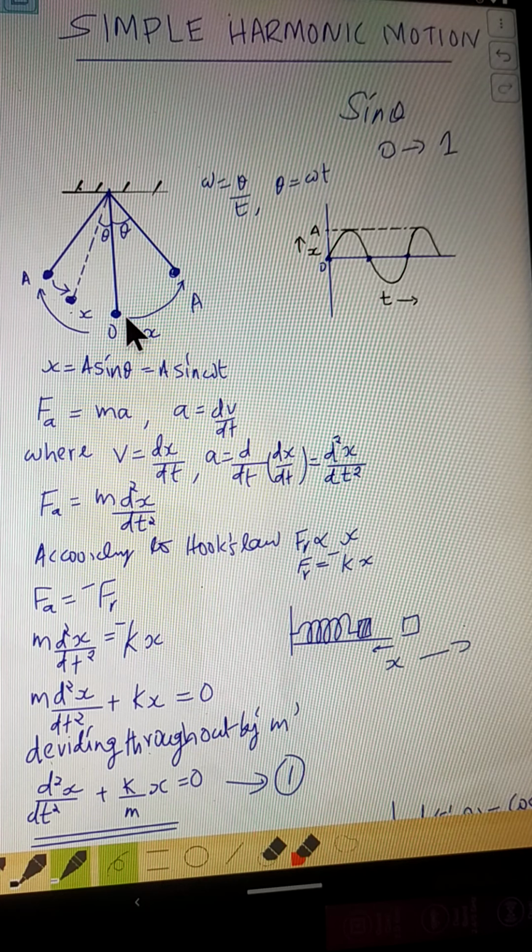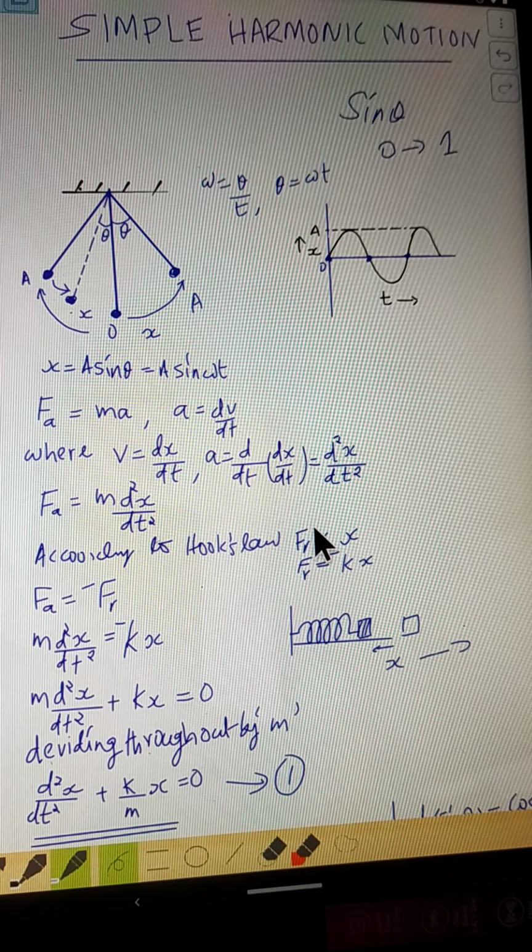Now we know that if we release the body here, it is able to come back. It means that there is a force that helps the body to restore its equilibrium position. That force is known as the restoring force. The formulation of the restoring force was first done by the famous scientist Robert Hooke. So, Hooke's law.